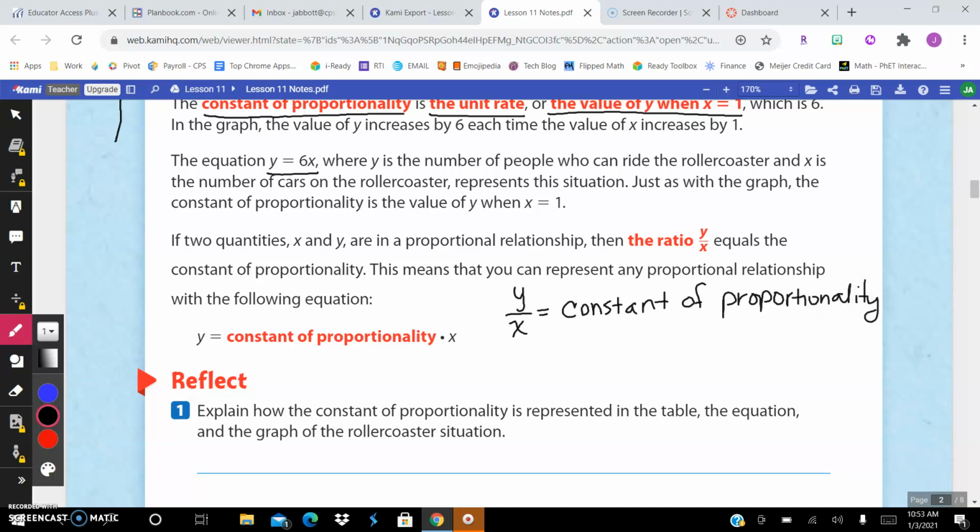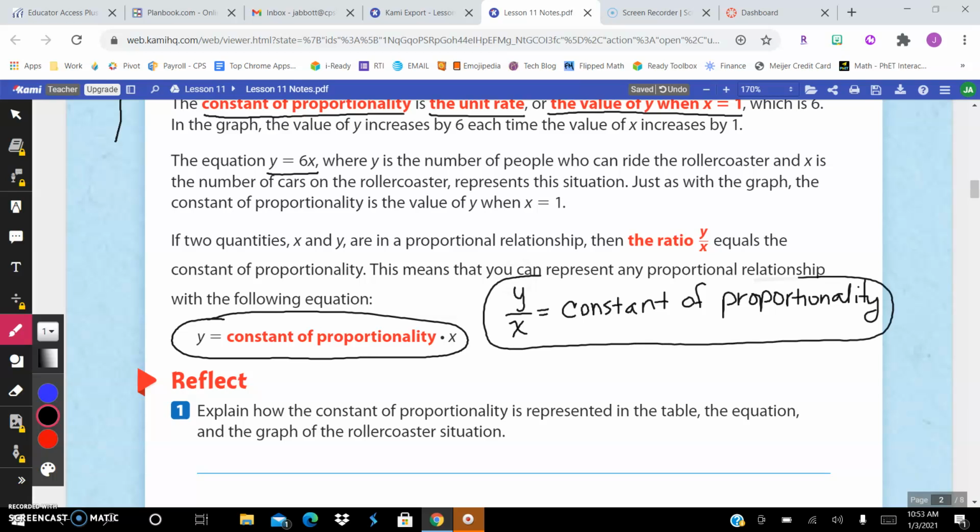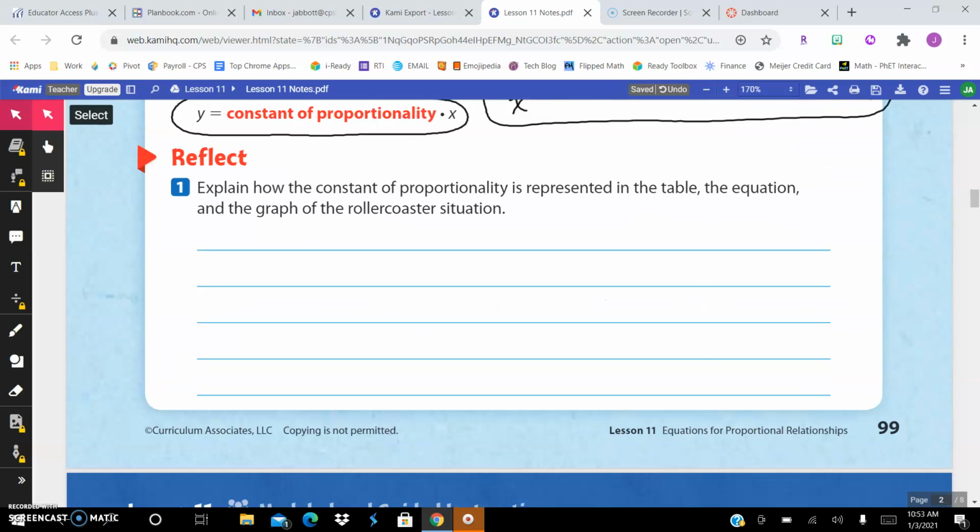And once we do the y divided by x to figure out the constant of proportionality, we can turn around and put it in this equation: y equals whatever that number is times x. So these are the two pieces of important information that you need to have written down in your notes today.